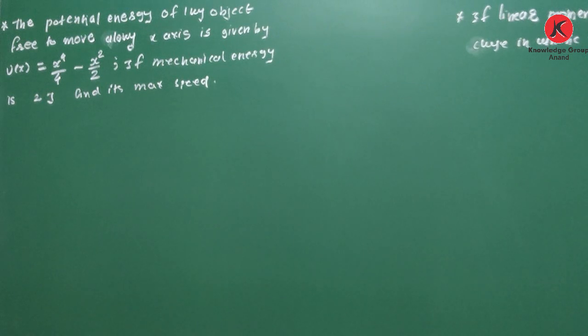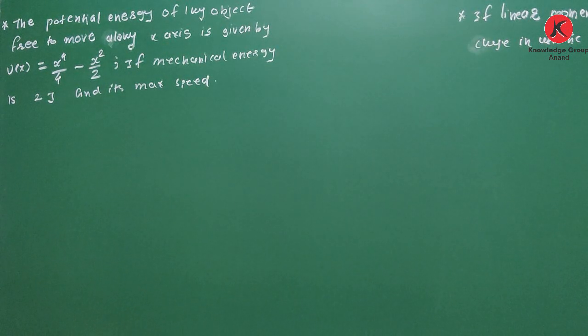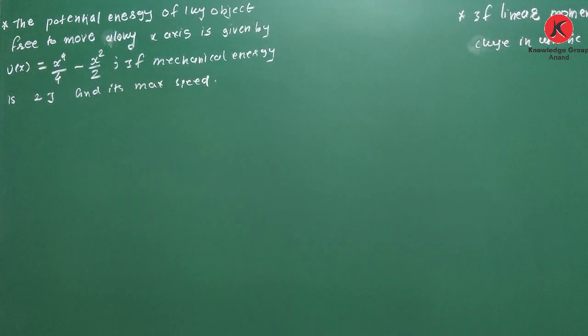Now next question. The potential energy of a 1 kg object free to move along the x-axis is given by Ux is equal to x raised to 4 divided by 4 minus x square by 2. If mechanical energy is 2 joule, find its maximum speed.